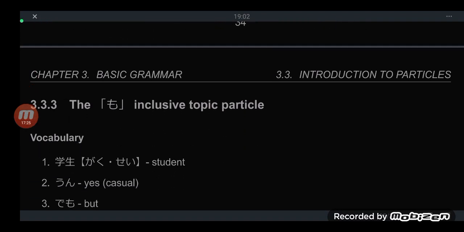Before we go to the identifier particle, I want you to first learn about the mo particle. The mo particle is almost like a wa, but in English you could regard this as the 'too'. So in many books, the mo is identified as the inclusive particle, meaning please include first this subject, subject 2, subject 3, subject 4, so person B, person C, person D, person E. So it's an inclusive particle.